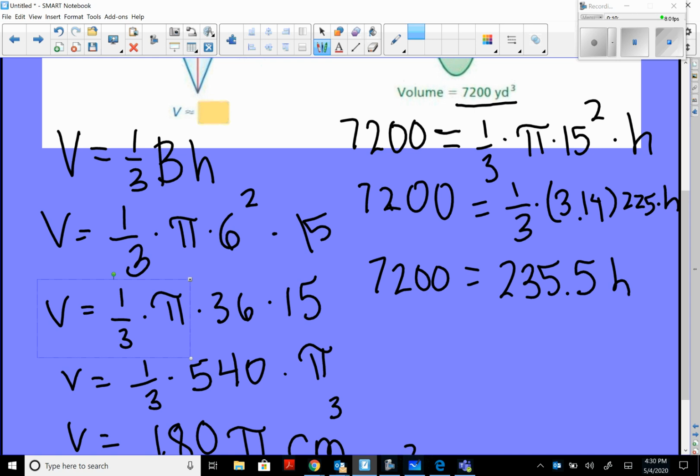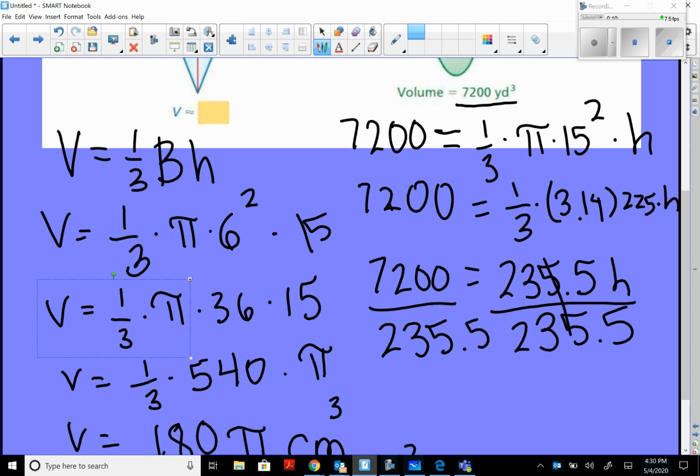And my last step in isolating that h is to use the inverse operation of multiplication, which is division. So I'm going to divide both sides by 235.5. Cancels out on the right side, and I get an approximate height of that cone to be 30.6 yards.